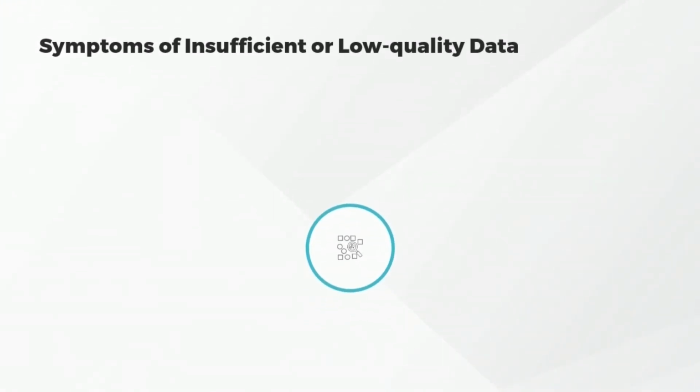Now, insufficient or low quality data can undermine the effectiveness of AI automation initiatives and lead to biased, inaccurate, and inconsistent outcomes. Insufficient data or low quality data can actually contain inherent biases, and that leads AI models to make skewed predictions or recommendations that simply are not accurate or don't reflect reality.